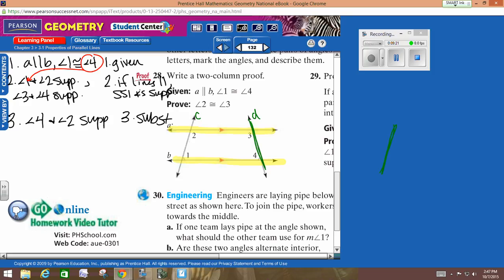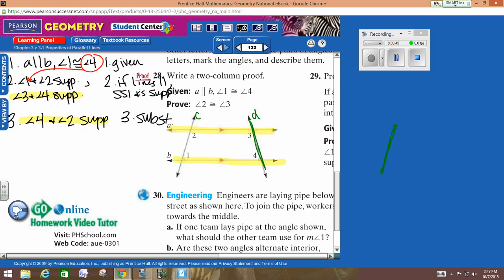So look at the statement we just created and the statement from step 2. 3 and 4 are supplementary. 2 and 4 are supplementary. We have 2 angles, 2 and 3, supplementary to the same angle. What can you say about those 2 angles then? 2 angles supplementary to the same angle must be what?